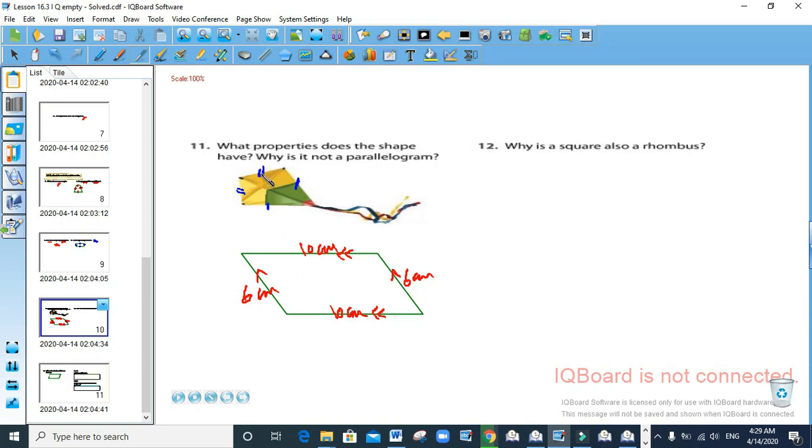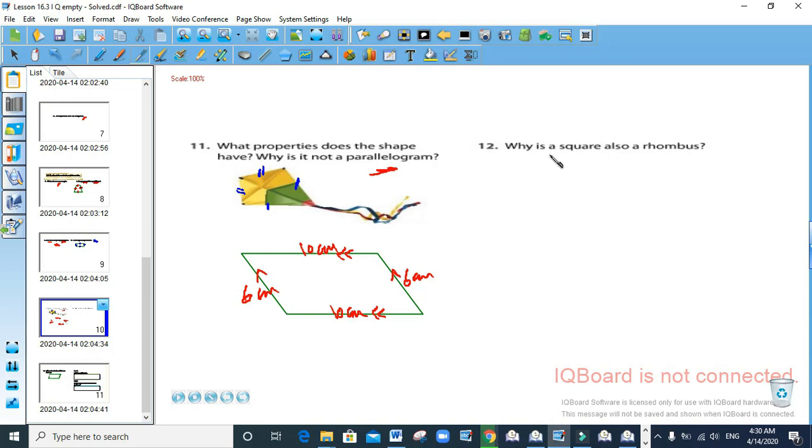But in the kite, is this one parallel to that one, the opposite one? No. So we cannot say it's a parallelogram, because it doesn't have two pairs of parallel lines. We have two sides equal here and two sides equal there, but we don't have two pairs of parallel lines.